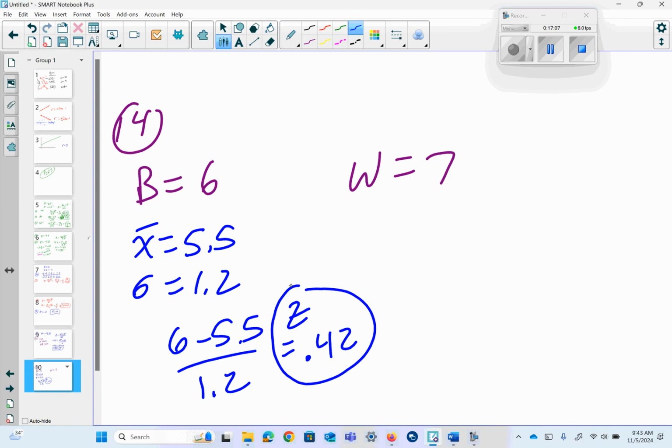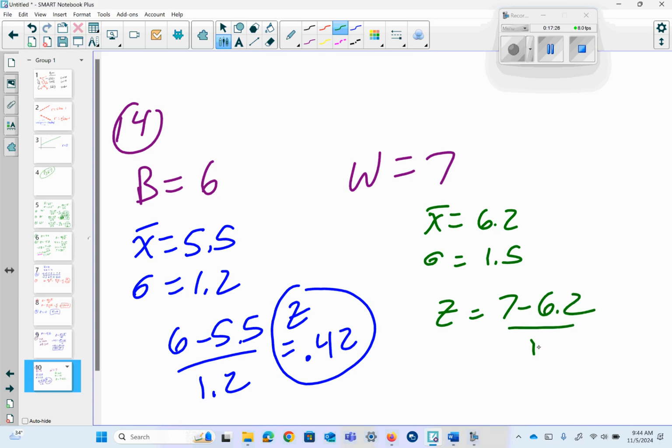All right, that's above the average, which is good. And then the walleye, they said the average is 6.2 and the standard deviation is 1.5. So for a z-score, 7 minus 6.2 divided by 1.5. That's 0.8 divided by 1.5, so this has a z-score of 0.53.